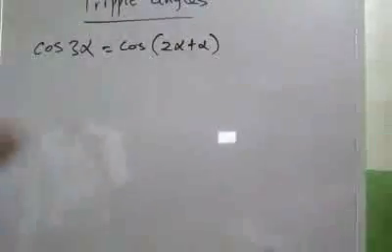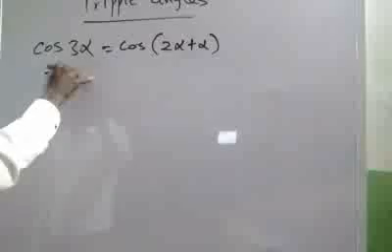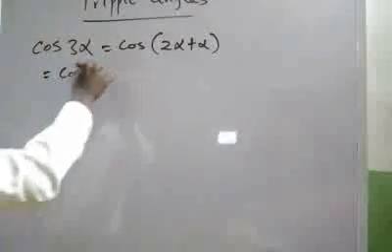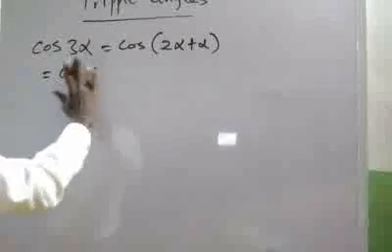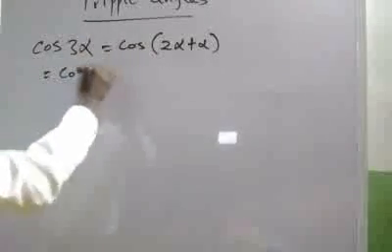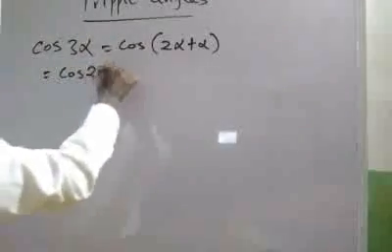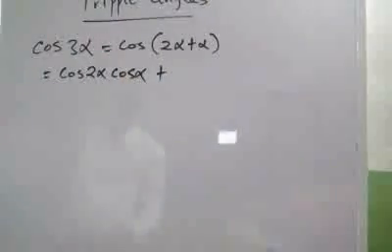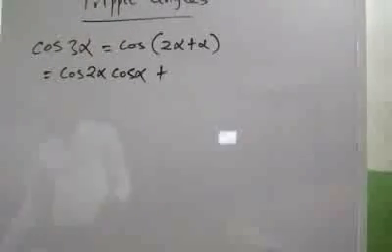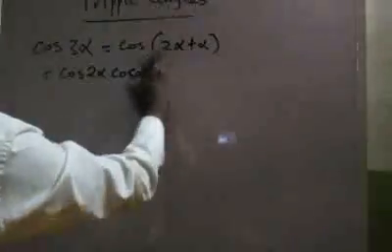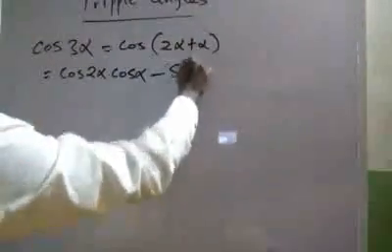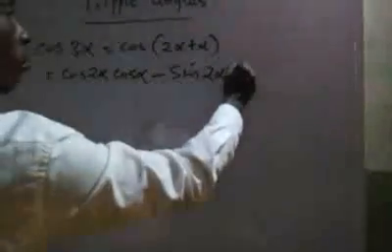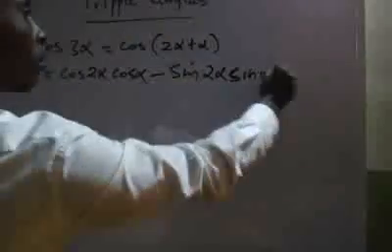And by the law, this will be equal to cos 2 alpha cos alpha, minus sine 2 alpha sine alpha.